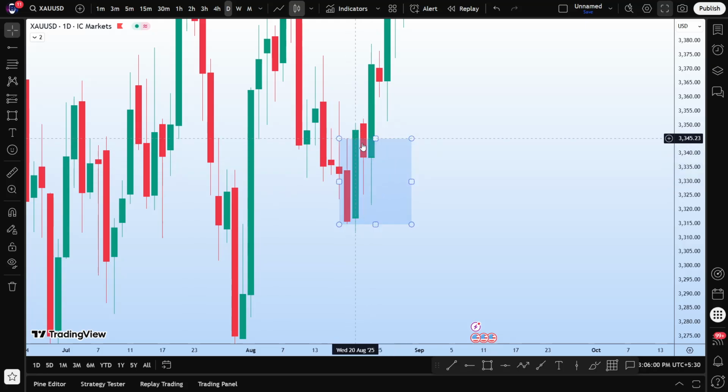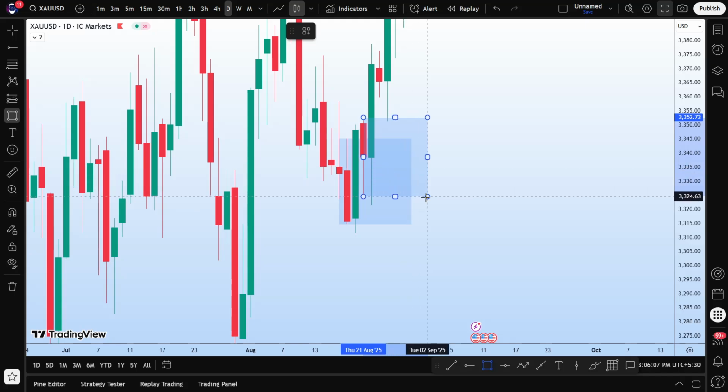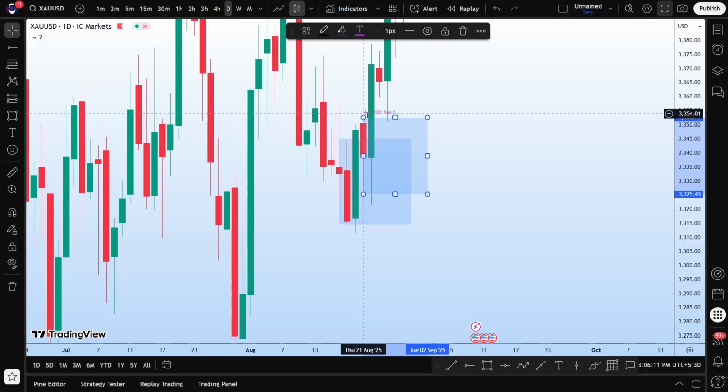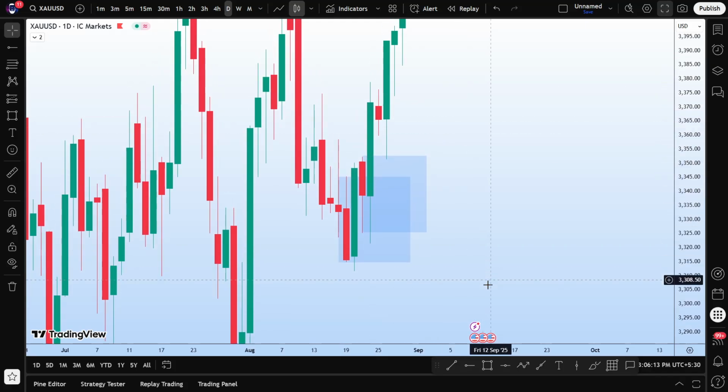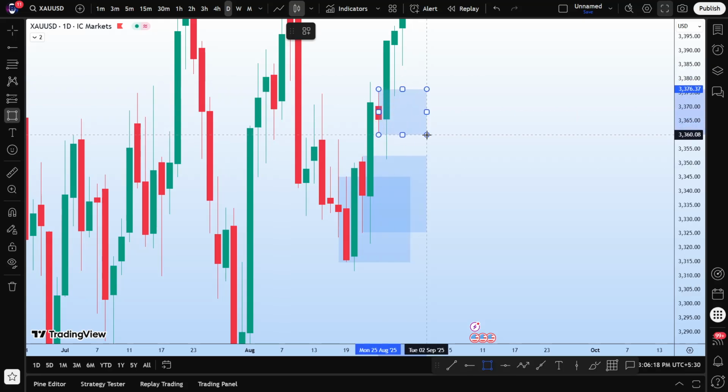So that would be considered your bullish engulfing buy. Again, we formed another bullish engulfing buy. Why is that? Because the high of this bearish candlestick has been engulfed. And then we later again formed a bullish engulfing buy.